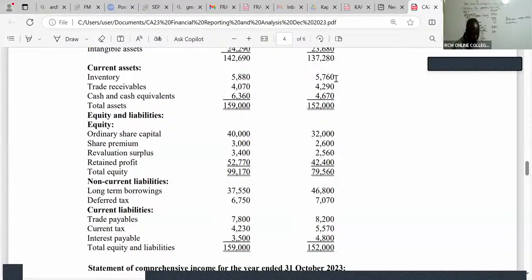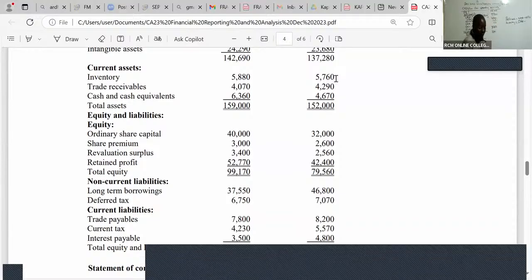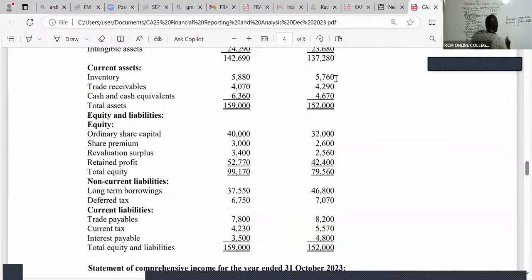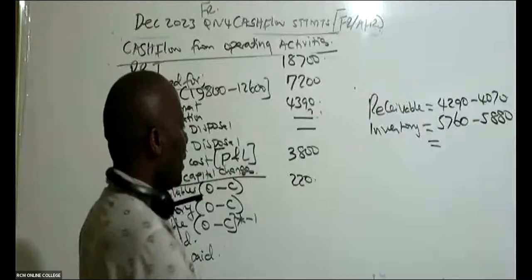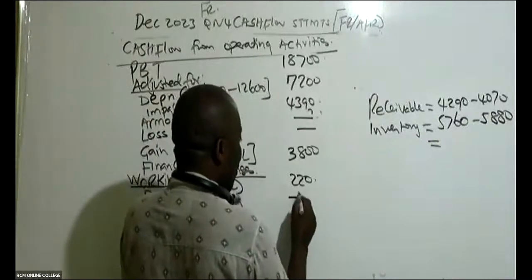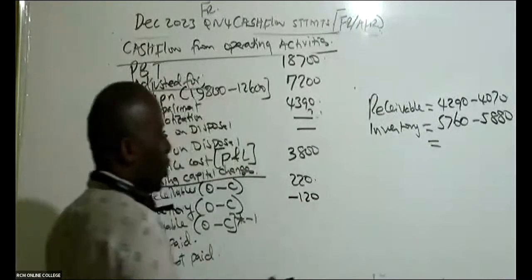It will be inventory, 5760 opening minus the closing, 5880. I can see I'm going to get a negative, and I'll write that number the way it is. This is the good thing of cramming or working with this approach. You write it the way it is.